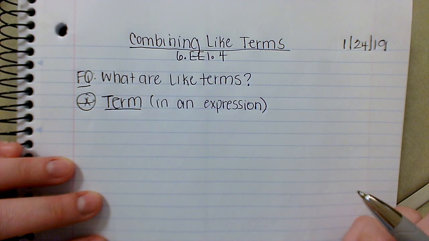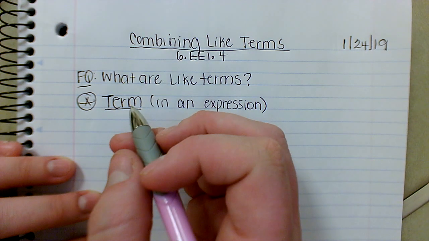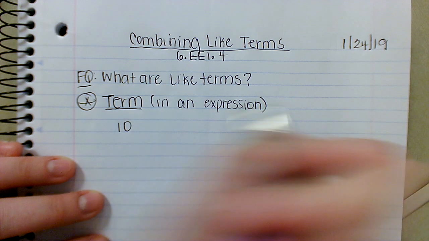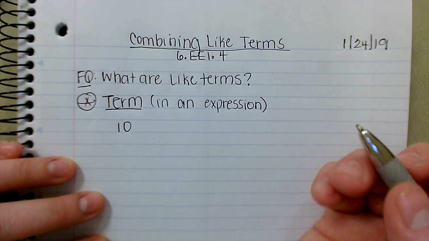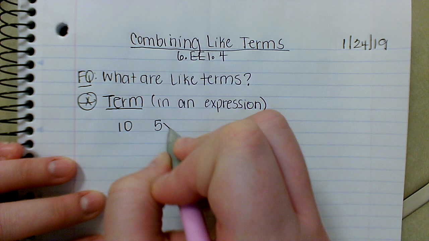Nathan? It's a number in an expression. Okay, give me an example. 10 and 5 and also 5x.